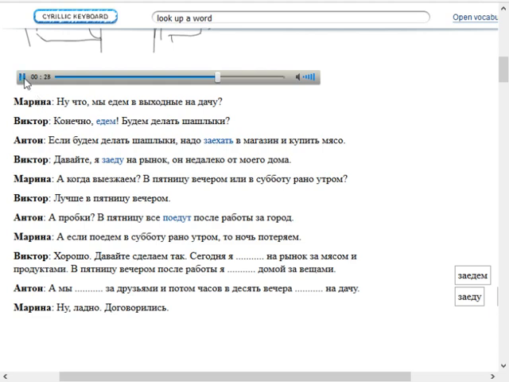Сегодня я заеду на рынок за мясом и продуктами. Okay, so сегодня я заеду на рынок. Today I'll pop in at the market за мясом, for meat, и продуктами, and groceries. I think meat counts as part of the groceries, but okay. So this word за here is kind of versatile.